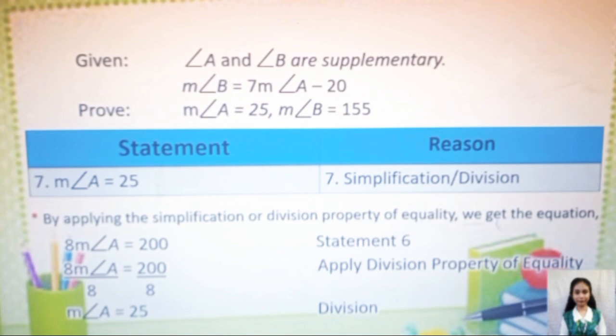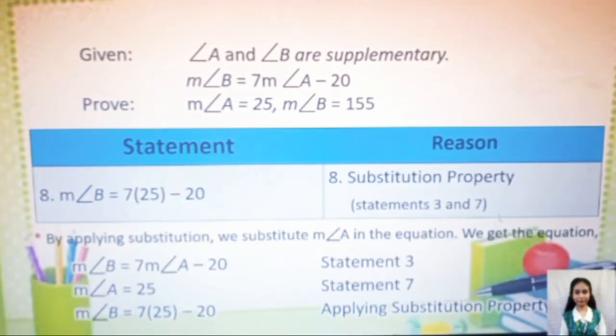That's the division process. Statement number 8: measure of angle B is equal to 7 quantity 25 minus 20. Reason: substitution property from statements 3 and 7.